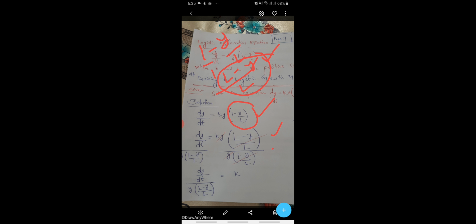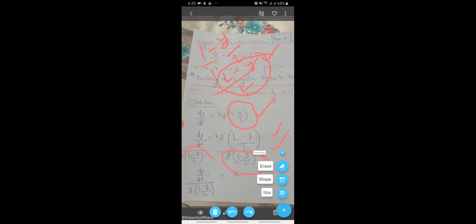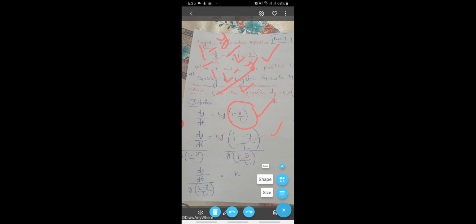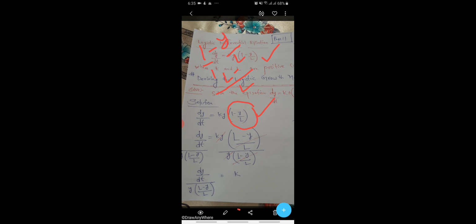And now I have divided the given equation on both sides by y(L - y)/L, as you see here. After that, you can cancel this one, and the y cancels.